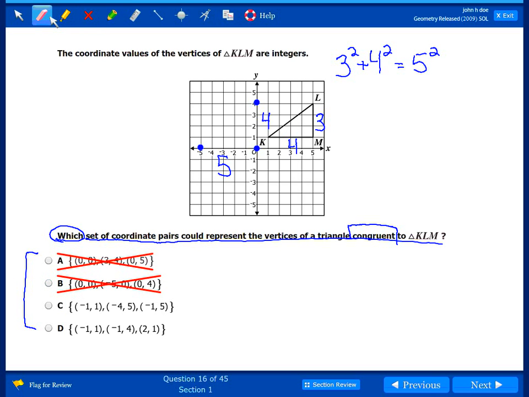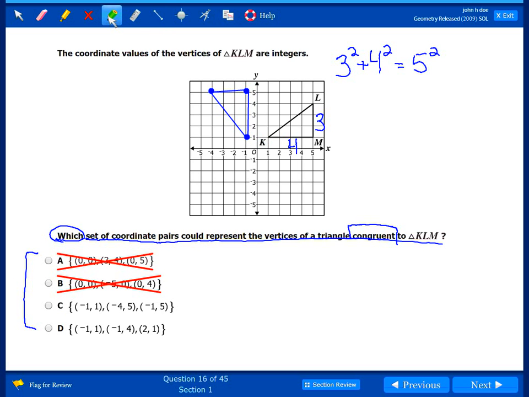Let's try letter C. So for letter C, our points are negative 1, positive 1, negative 4, positive 5, and negative 1, positive 5. So this one's looking promising also, because this time we have lines that are vertical and horizontal.